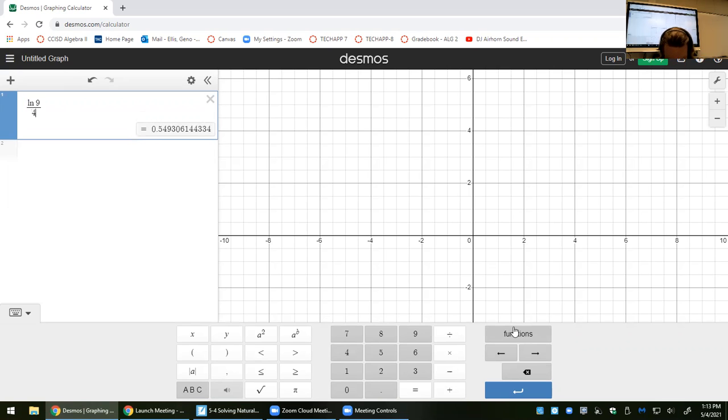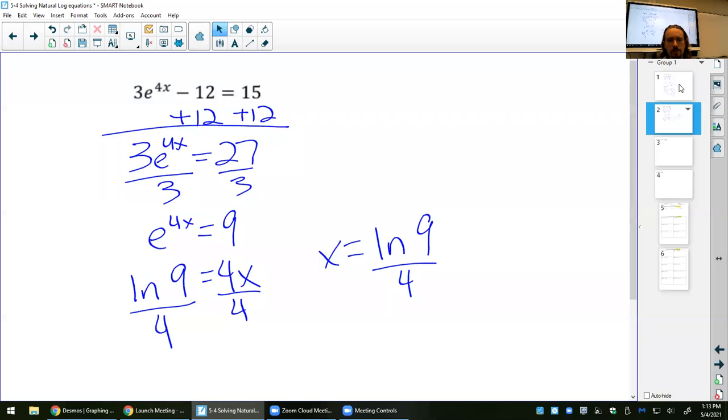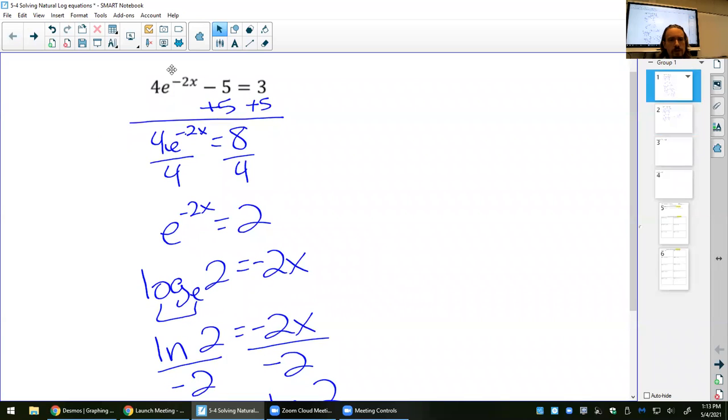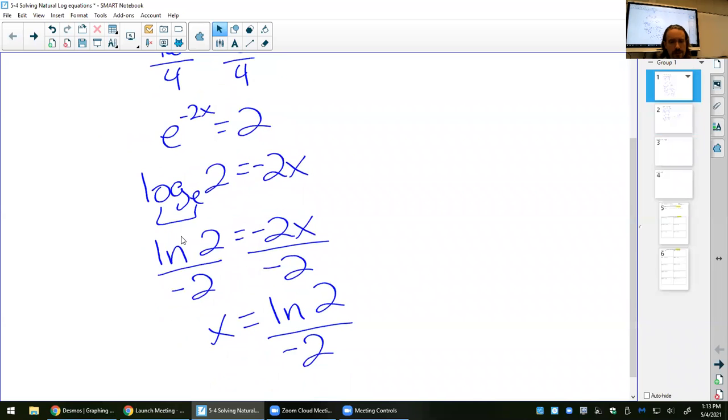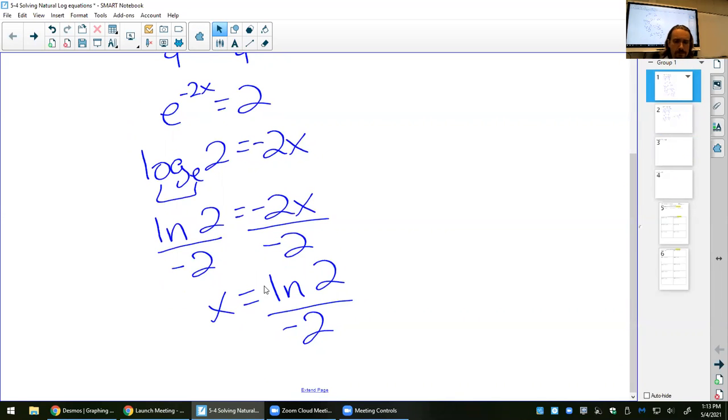All the other questions more or less follow this pattern. So it's just practicing. You want to get your e term all by itself, and then you want to get the x out of the power. So we rewrite it as a logarithm, or a natural log in this case, and then we get x by itself.